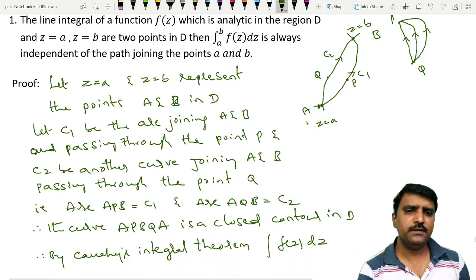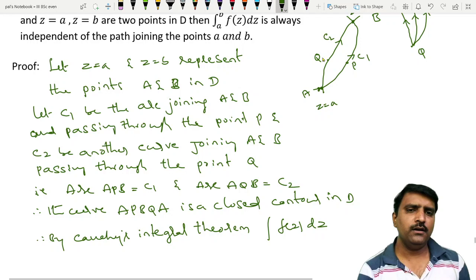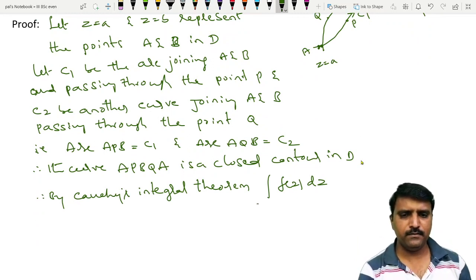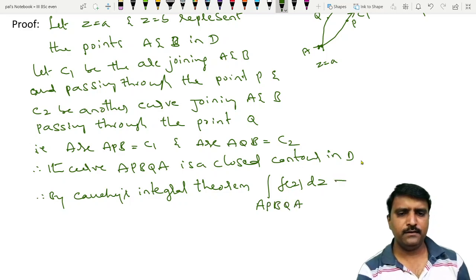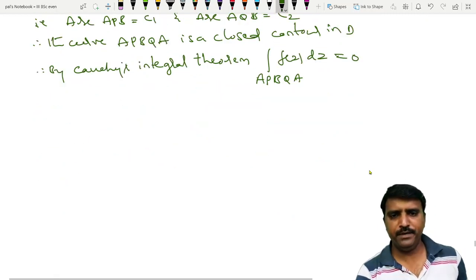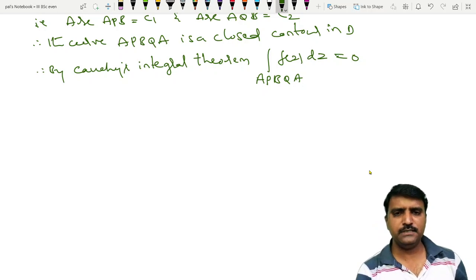Cauchy's integral theorem says that if you take the integration of f of z dz over a closed contour C and f of z is analytic, then its integration is equal to 0. So if you take this closed contour APBQA, the integral over APBQA is equal to 0.